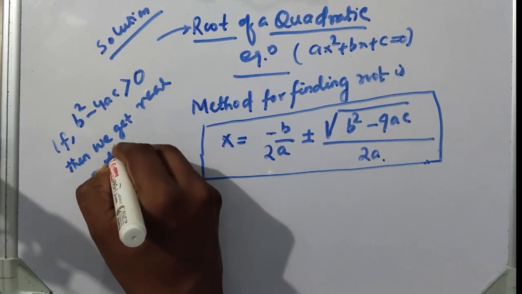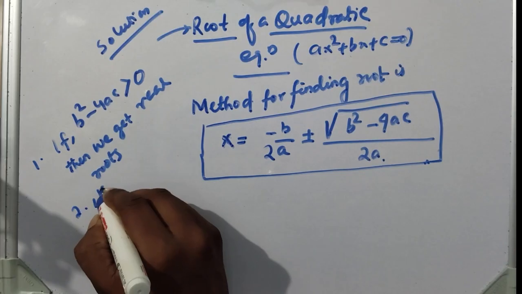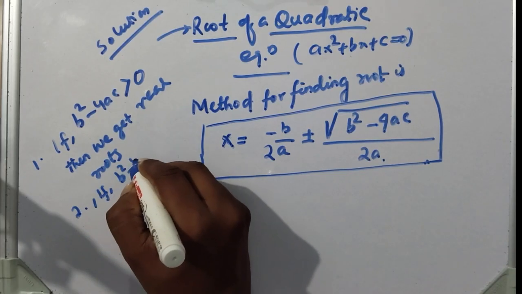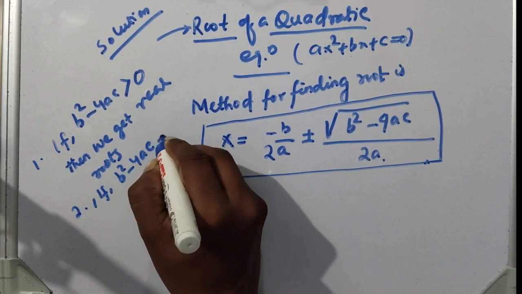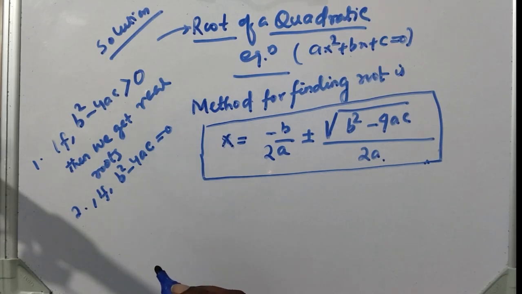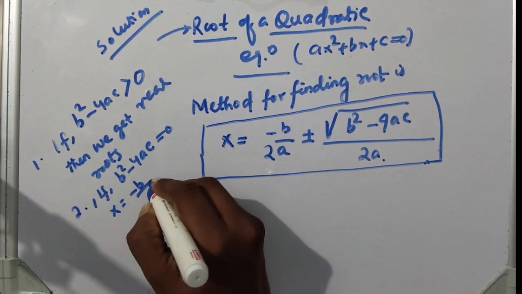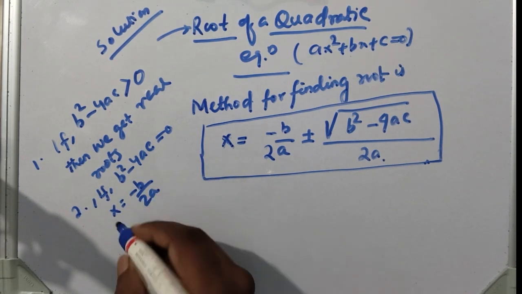Number 2, if b square minus 4ac is equal to 0, then x is equal to minus b by 2a. This is the exact root.